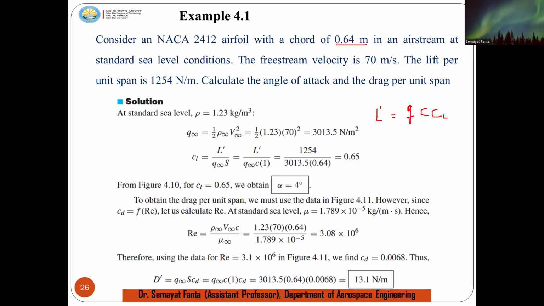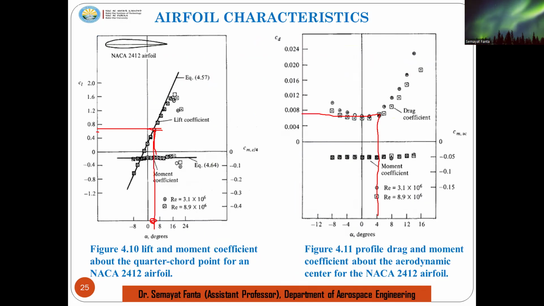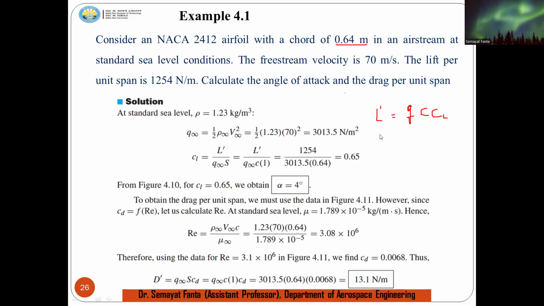So that is nearly 0.0068. Yeah, it is above 0.004, below 0.008. So that is 68. We can approximate, or we can perform some kind of interpolation in order to get exact.